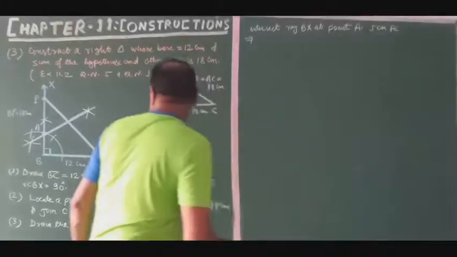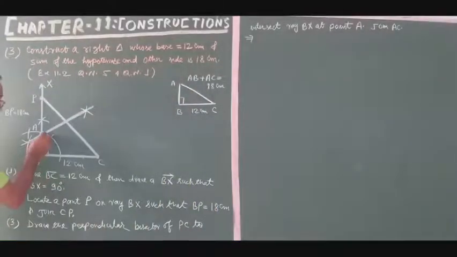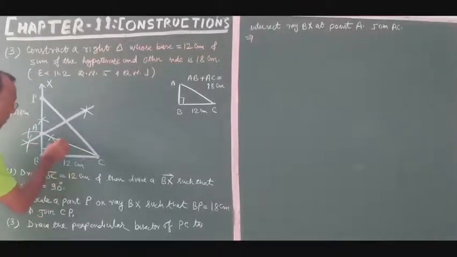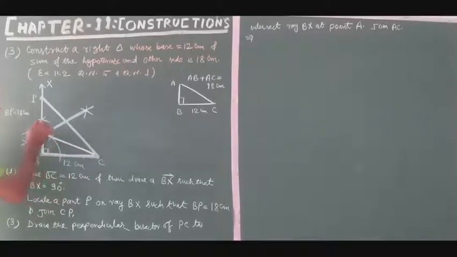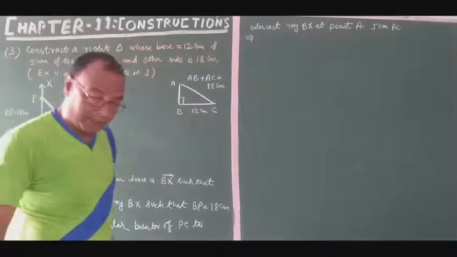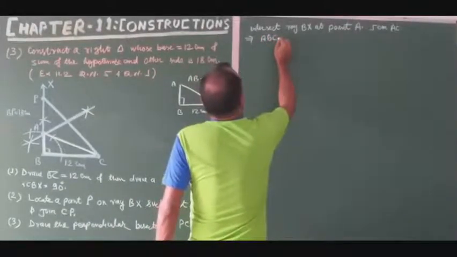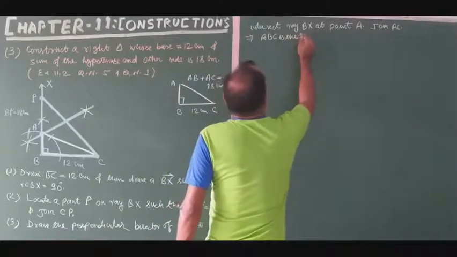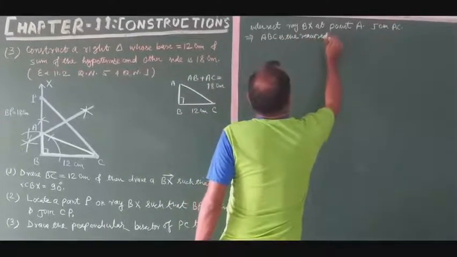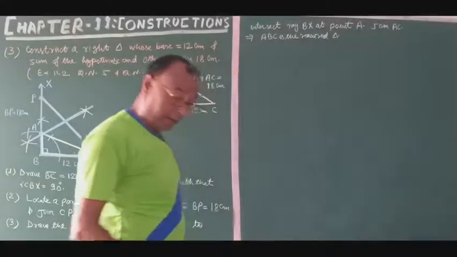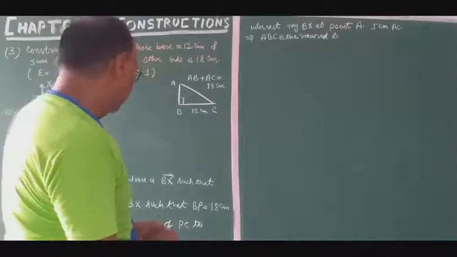So we will join this AC. Is it there? So this ABC is the required triangle. ABC is the required triangle.